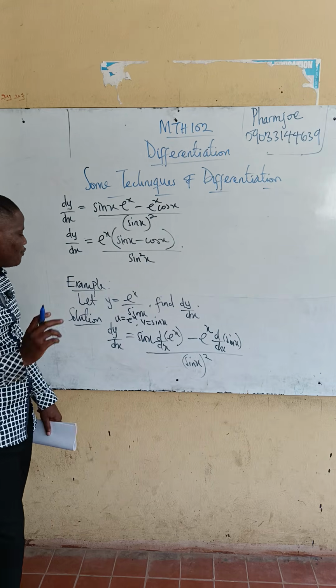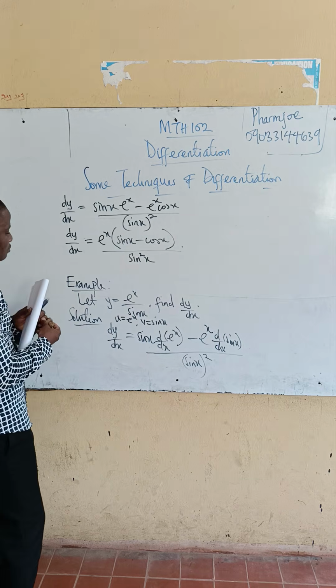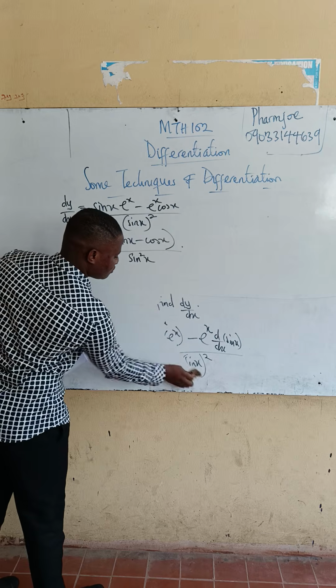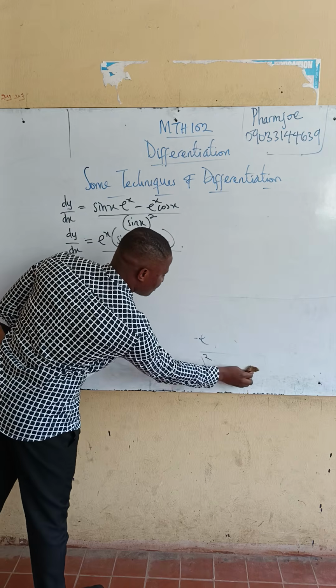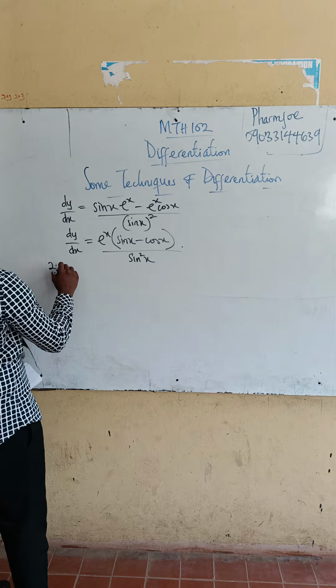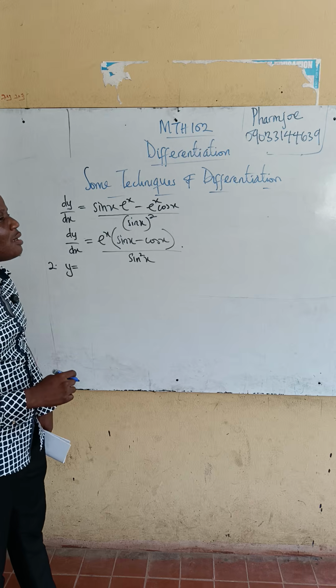Beautiful. Let me give you one more example and I'll see how you're following. So let's take example 2. Let's take another beautiful example. We have y equals, which example should I give you?